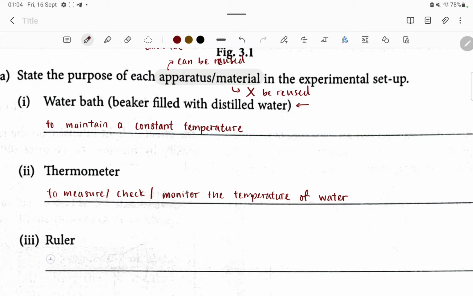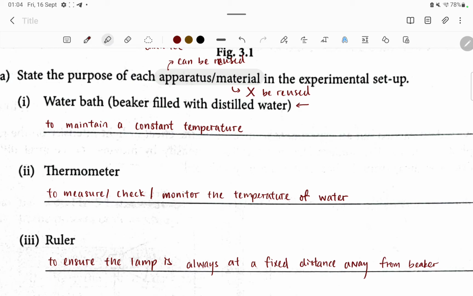So to ensure the length is always at a fixed distance away from beaker.